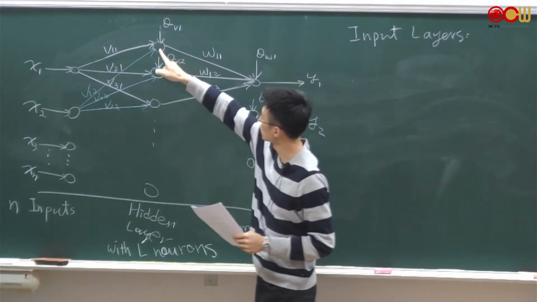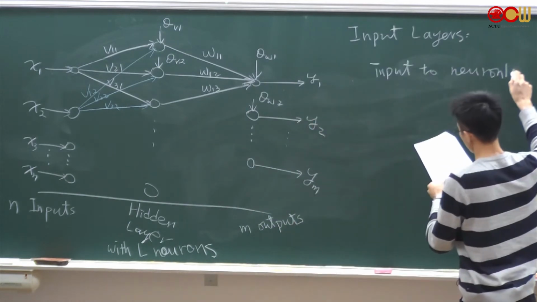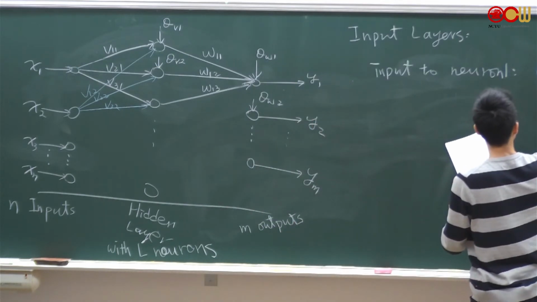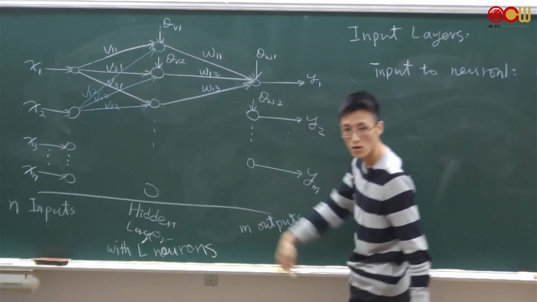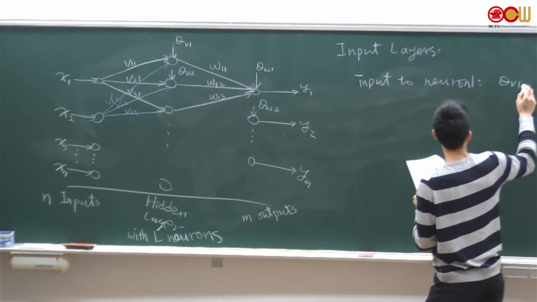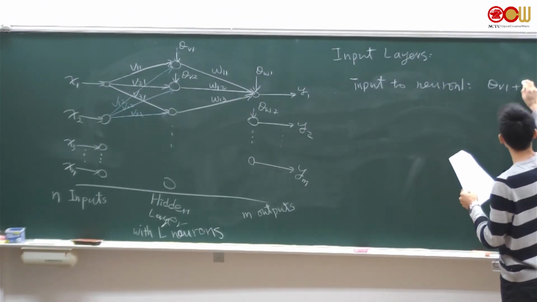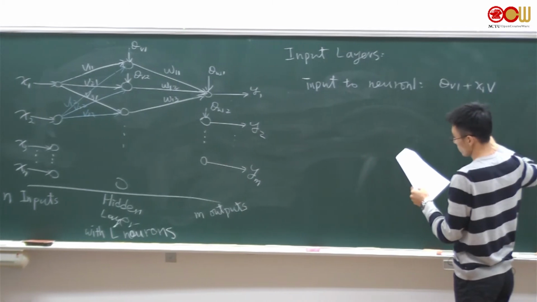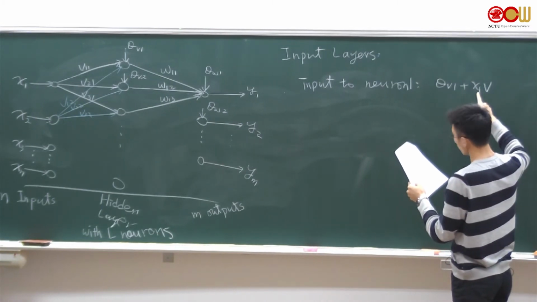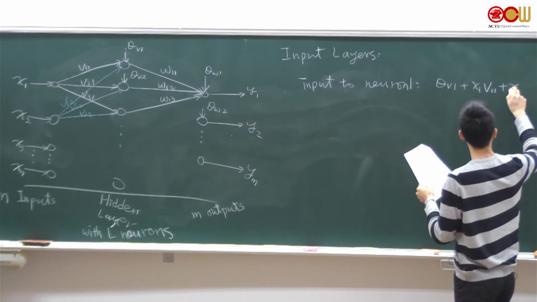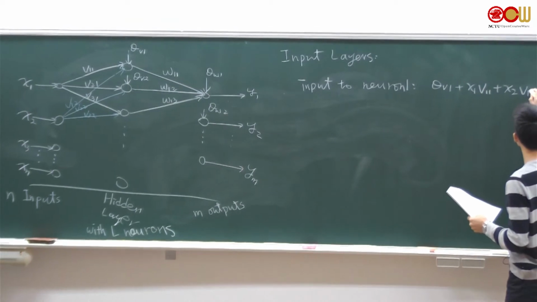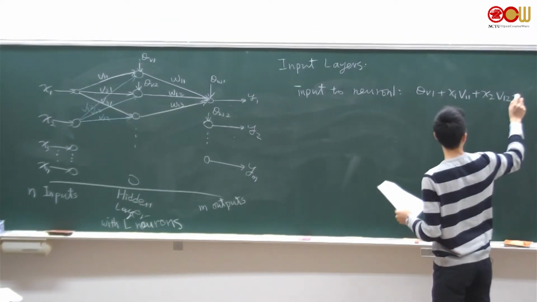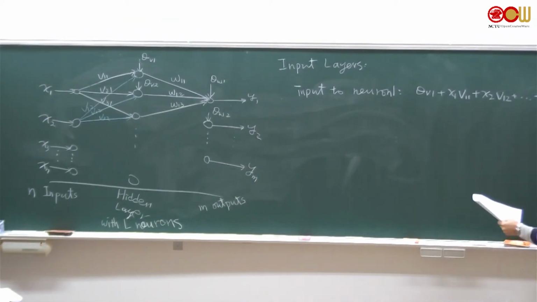The input to the first neuron is theta v1 times x1, the offset term, plus x1 times the weighting v11, plus x2 times the weighting v12, all the way up to xn v1n.